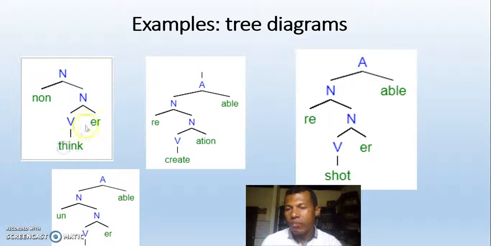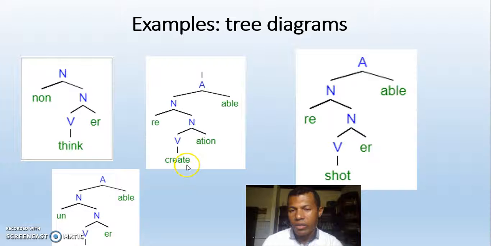Here we have think. By adding the suffix er, we turn it into a noun. And by placing this first particle before the stem, it keeps being a noun, non-thinker.